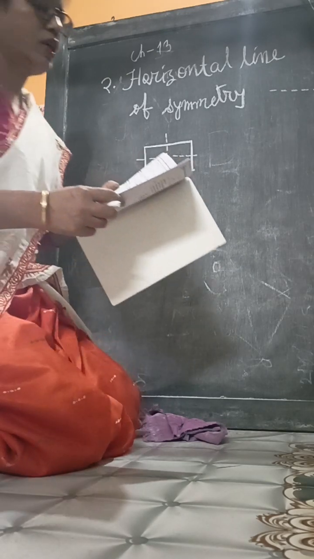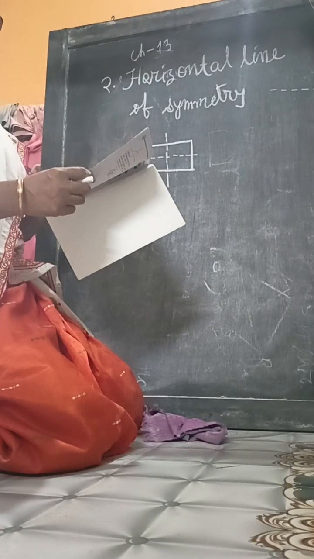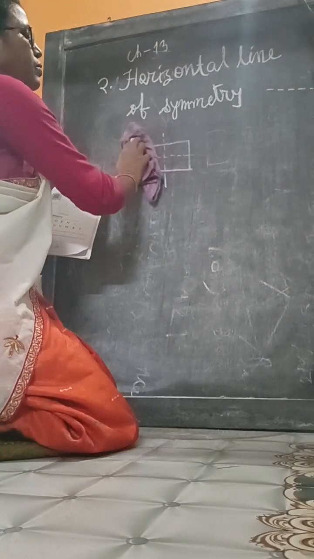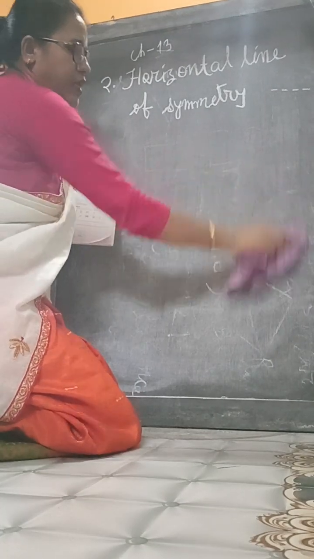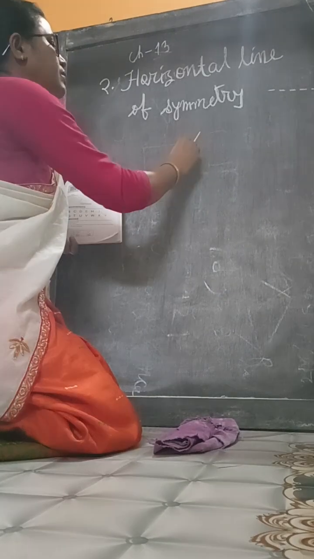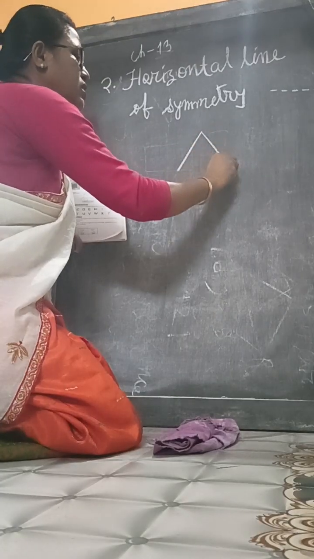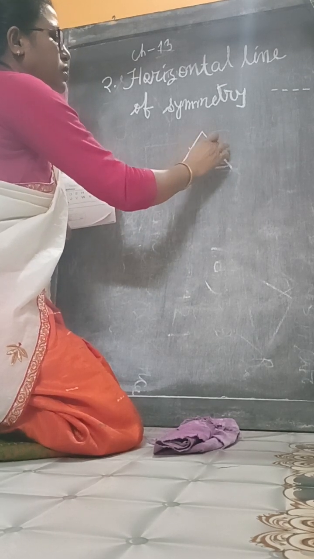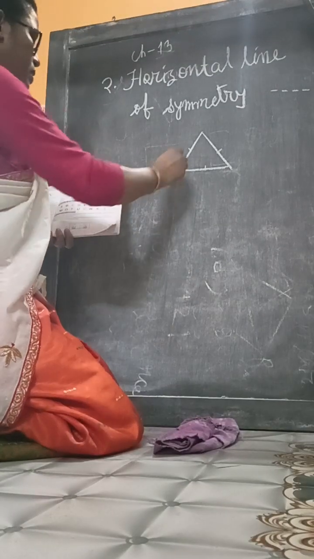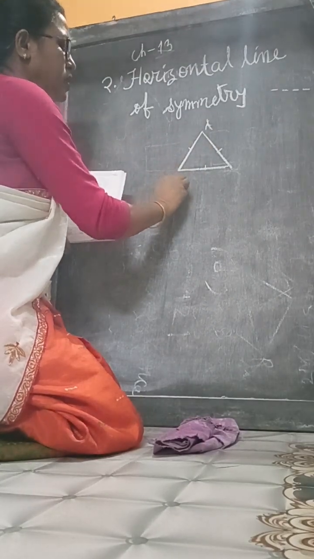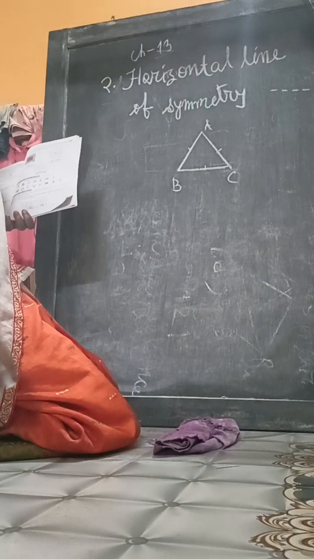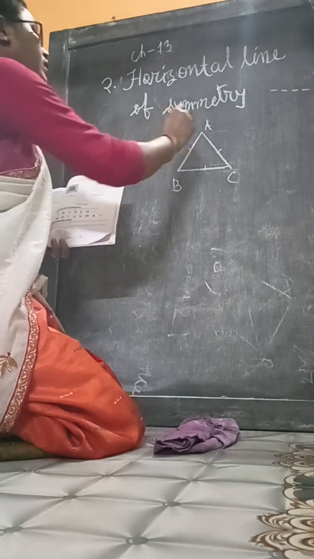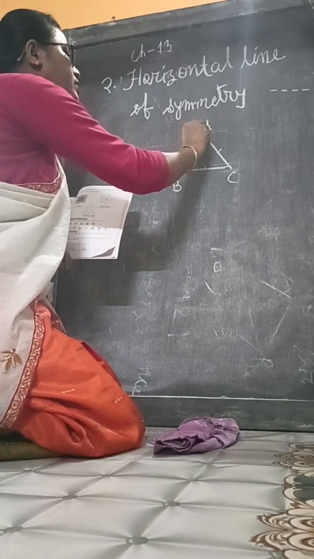Now symmetrical figures with more than 2 lines of symmetry. Suppose you know about triangles. Equilateral triangle. An equilateral triangle means a triangle whose 3 sides are equal. That means these 3 sides are equal. ABC is a triangle whose 3 sides are equal, so the angles must be equal. Now we draw a line of symmetry.